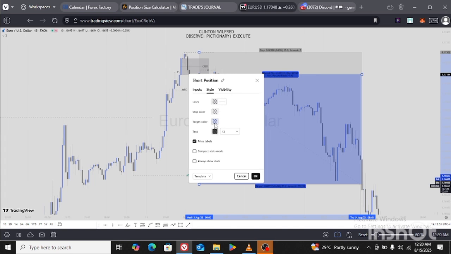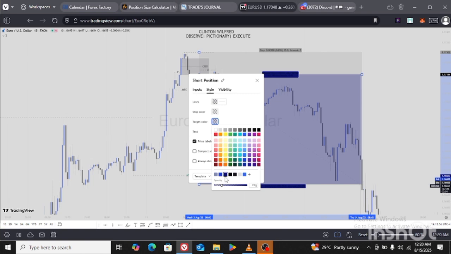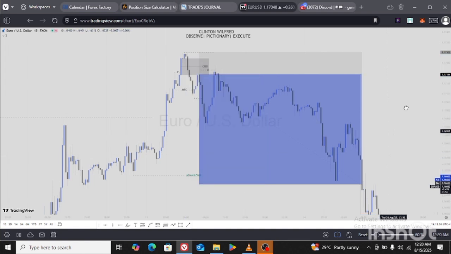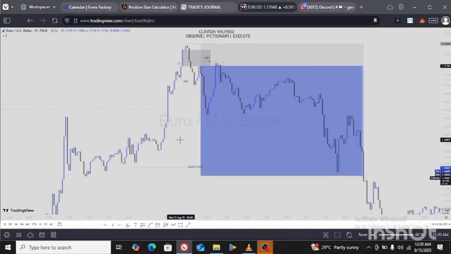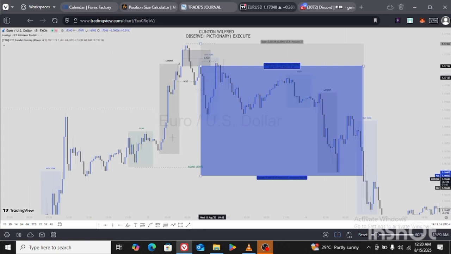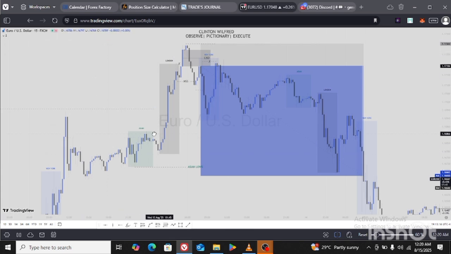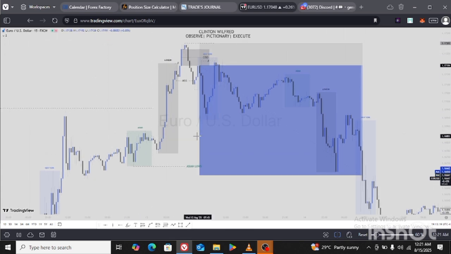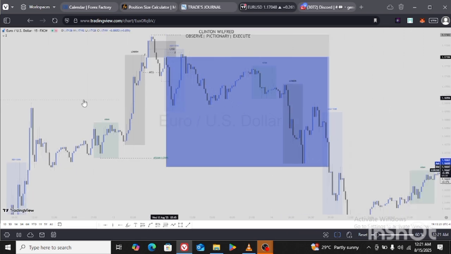So okay. So the actual reason of this trade was... Let me see if I can calculate different candles. I won't be able to do that.